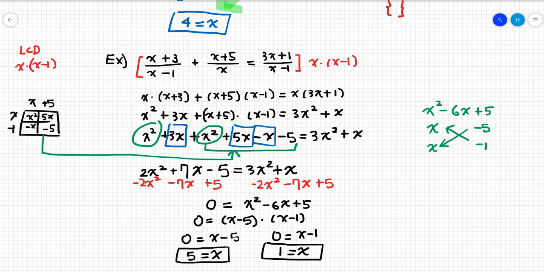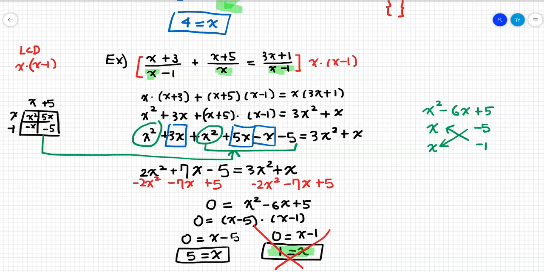If you look at x equals 1 and plug it in over here, this doesn't make any sense, because 1 minus 1 is 0, then 4 over 0 is undefined. That's a similar case to what we just did. So obviously x equals 1 is not your answer. And if you plug in x equals 5, it will work.